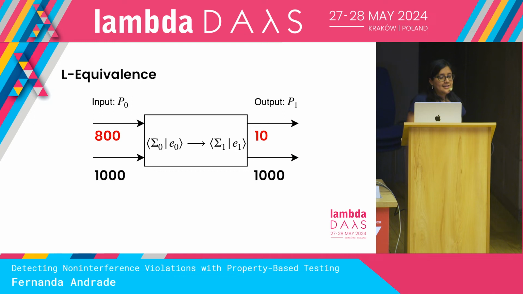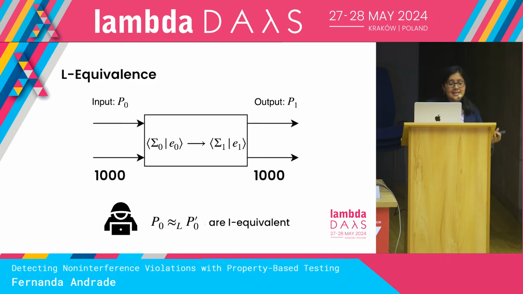So a quick example on L-equivalence. For instance, let's consider a credit card token is the secret information in the input, and this secret changes after evaluating to produce P1. However, for an attacker, which is an observer that can only see public information, you won't see any change because this attacker can only see the public information. So for this attacker, this program hasn't changed.